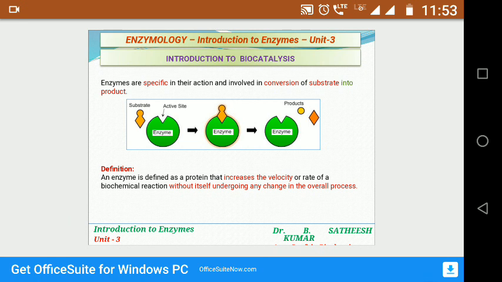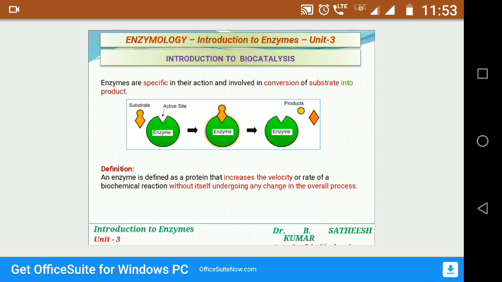So that is why no two chemical reactions can interfere with each other, because each and every chemical reaction has its own enzyme, and each enzyme has its own substrate, and each enzyme carries out its own particular reaction and forms a product from the bound substrate.